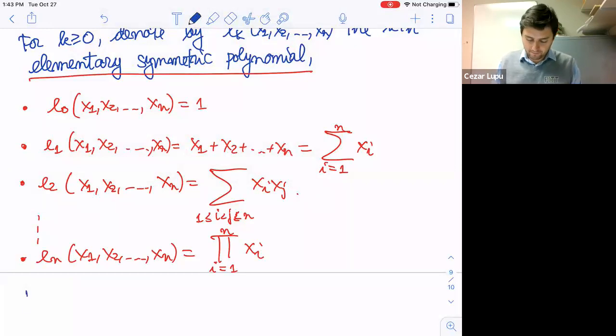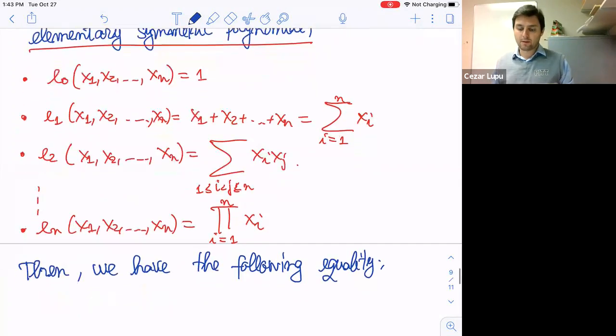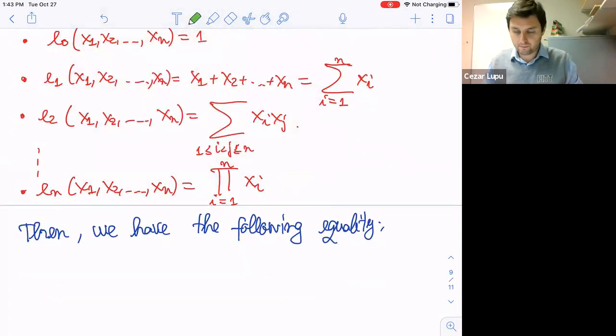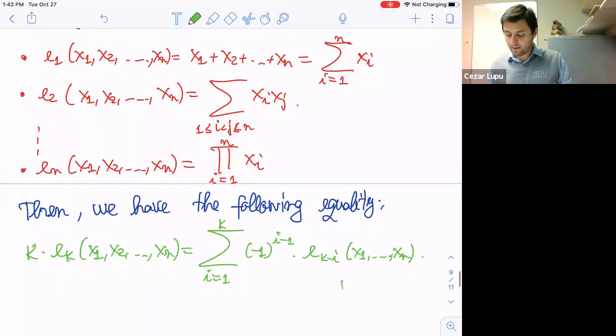Then we have the following equality. We'll write it in this way. k times e_k of x1, x2, ..., xn is the same as the sum from i equals 1 to k of (-1)^(i-1) times e_(k-i) of x1, ..., xn times p_i of x1, ..., xn.